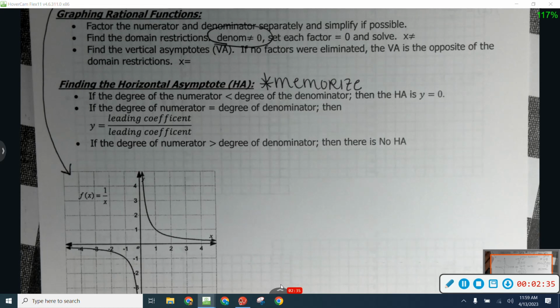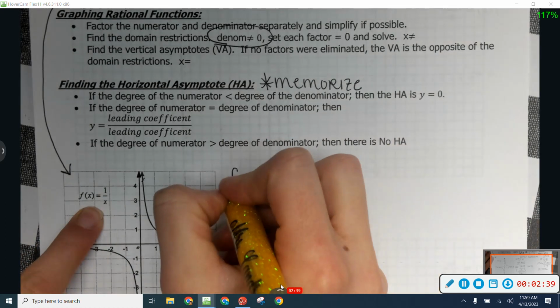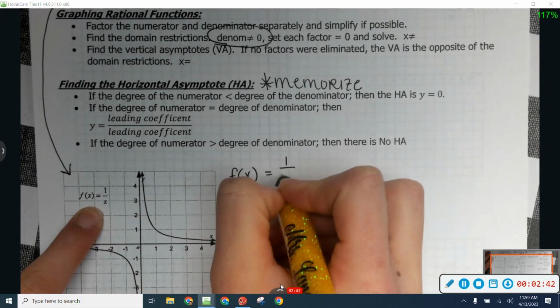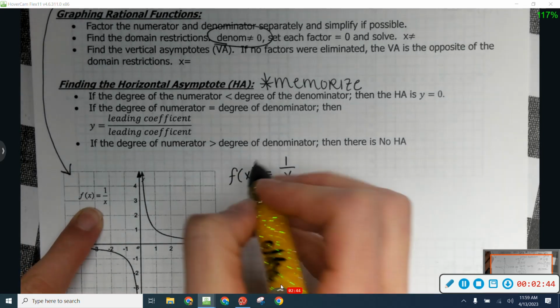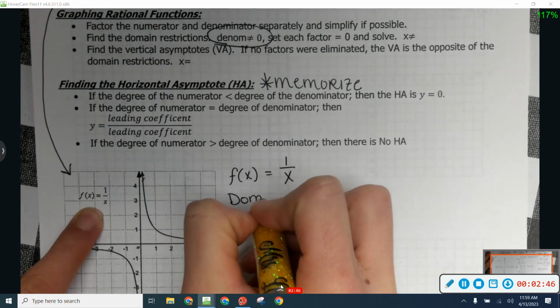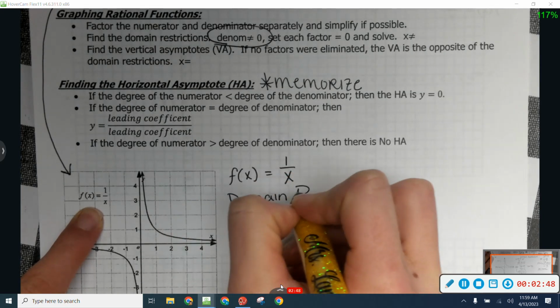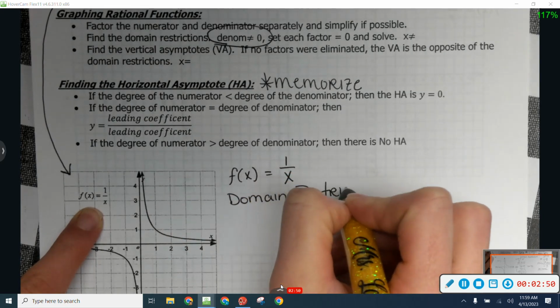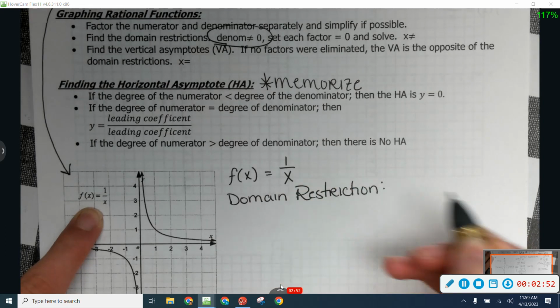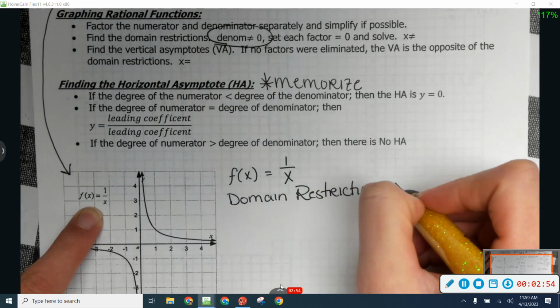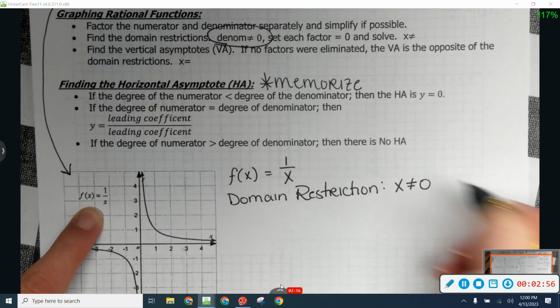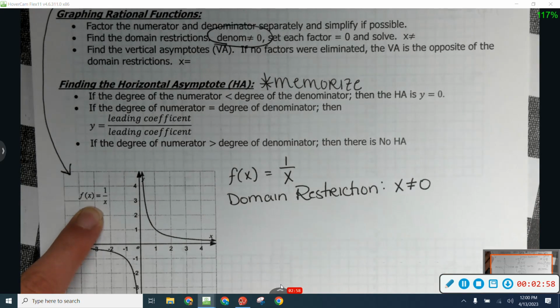Going back to our restriction, if I use this parent function, okay, f of x equals 1 over x. My domain restriction, in order to find that, it says set your denominator, which is x, and say that it cannot equal 0. Some of them are going to be x plus 3. Some of them would be x squared minus something. Okay?